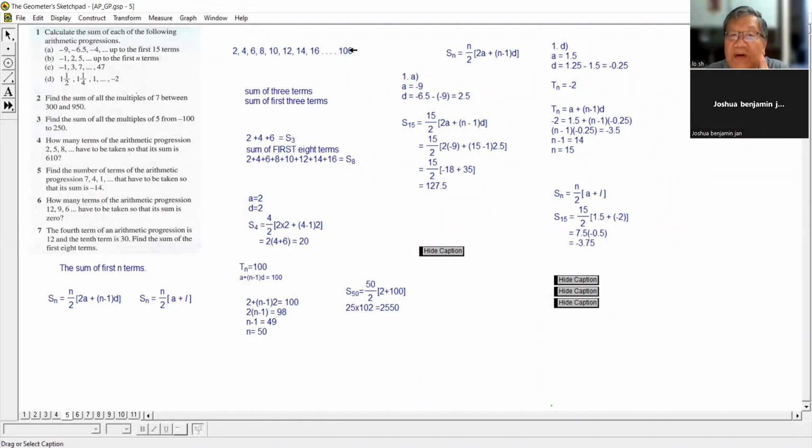So I have to find out 100 is what number. So I say Tn is 100. Making use of the formula a plus n minus 1 d equals 100, I substitute the a with 2, the n I don't know, just leave it there.